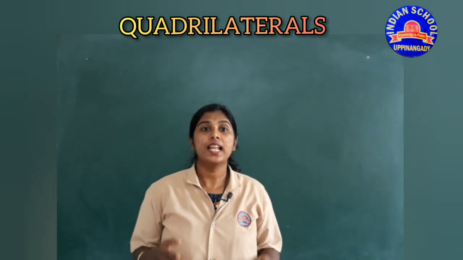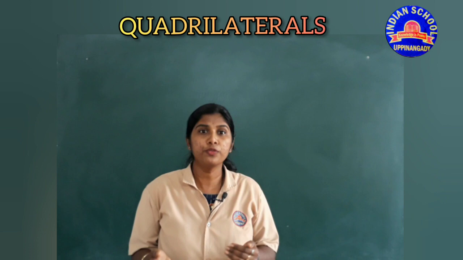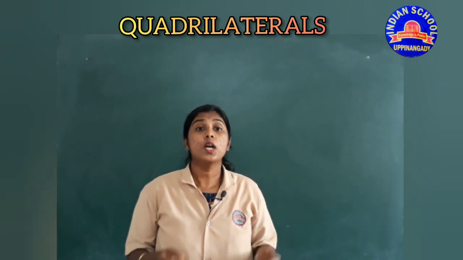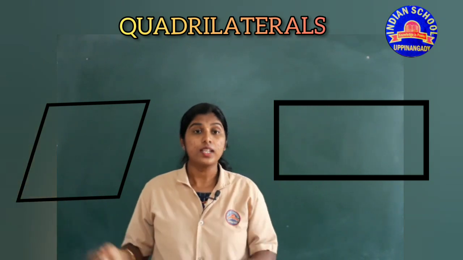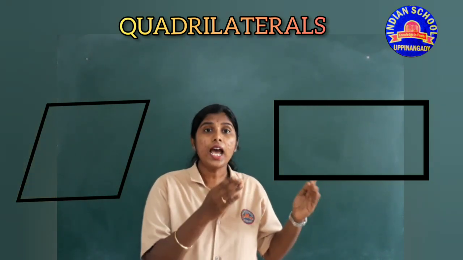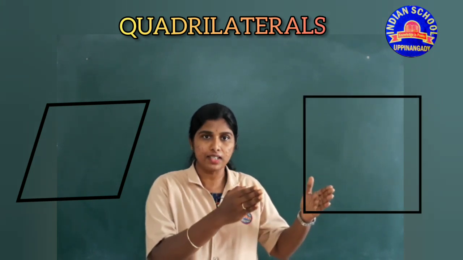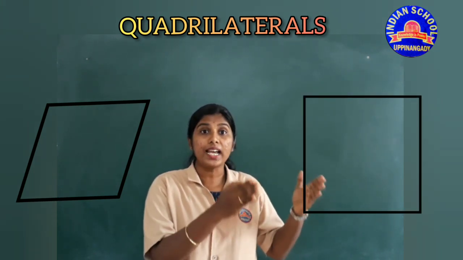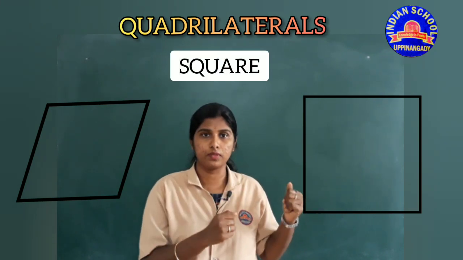Dear students, let us move on to the next type of quadrilateral. Now consider the rectangle and the rhombus. Here in the rectangle, I am going to modify it in such a way that all of its sides are equal, so that I will get a new quadrilateral named square.